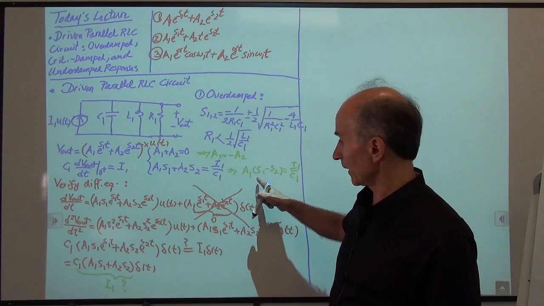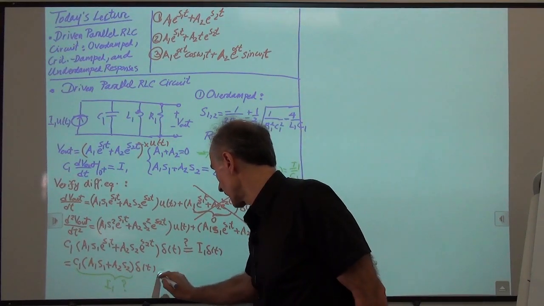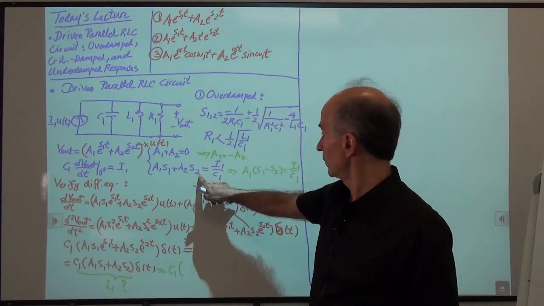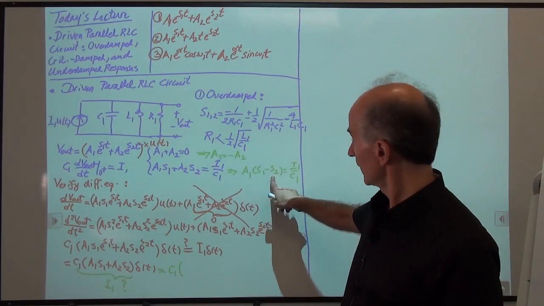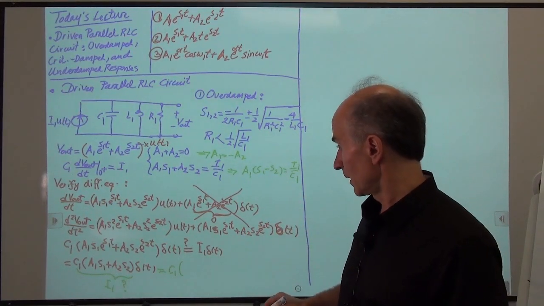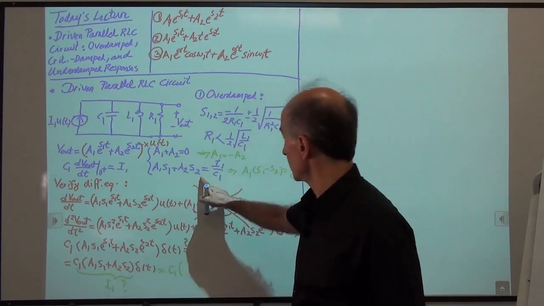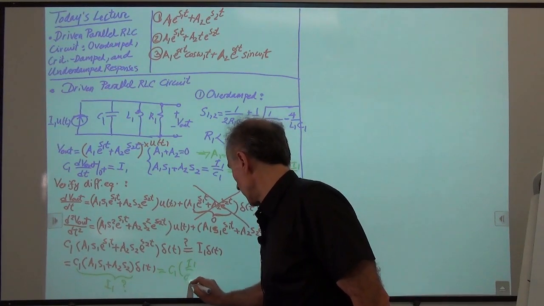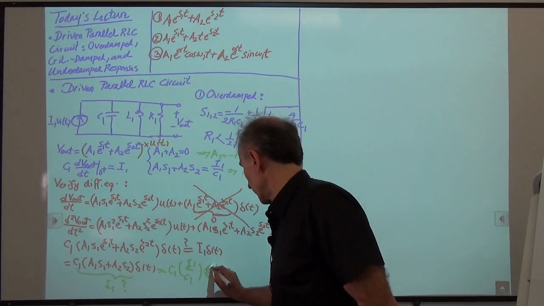So that means that I can put that here. So you can see now that this will be equal to C1 times A1 S1 plus A2 S2, which is given by this expression here. So actually I don't even need this, right? A1 S1 plus A2 S2 is I1 over C1, right? So I1 over C1. And we can see that this is indeed delta of t.